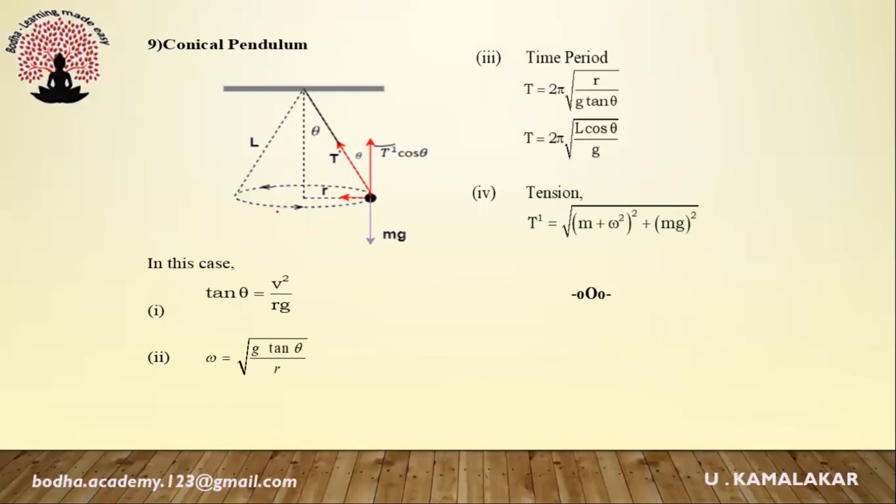Conical pendulum. A small sphere suspended by a string fixed at a point and whirled in a horizontal circle. Such an arrangement forms a conical pendulum.